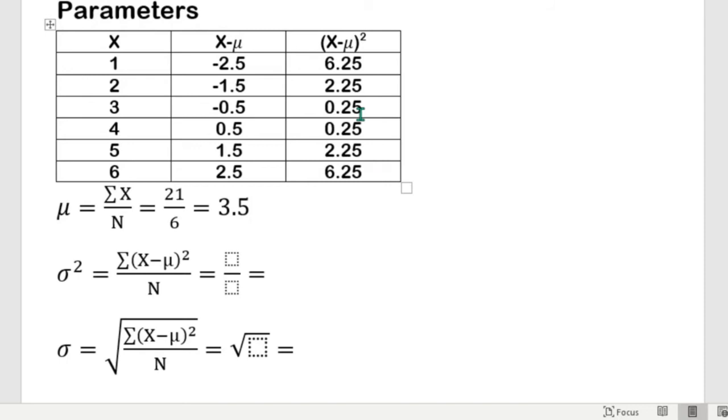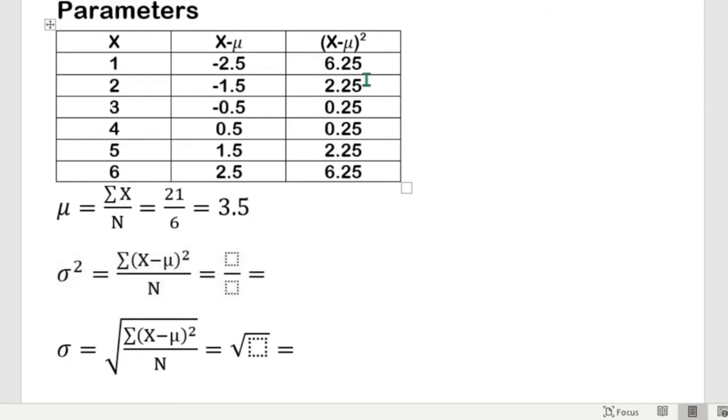Now, let us proceed to calculating the population variance. Again, let us have this formula: the summation of the squares of the differences between each x value and the mean, divided by the population size.